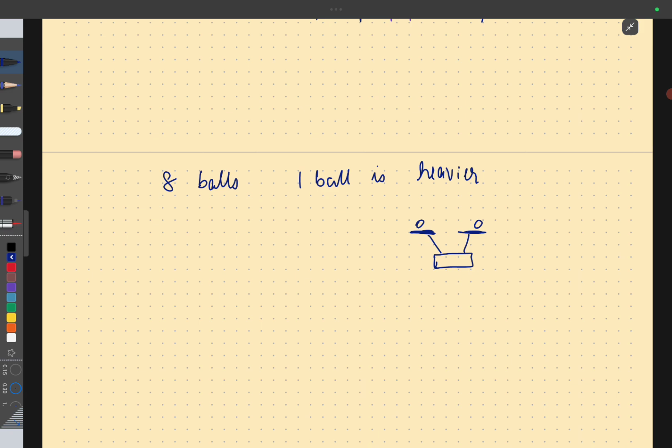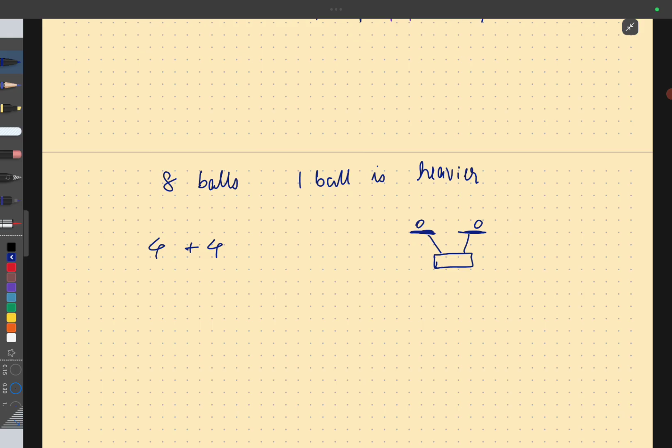Correct. So the standard answer to this is you divide the 8 balls into 2 sets of 4 balls each, so you divide into 4 plus 4. Now you can find out which set of balls is heavier than the other, and you take the set of 4 balls which is heavier.